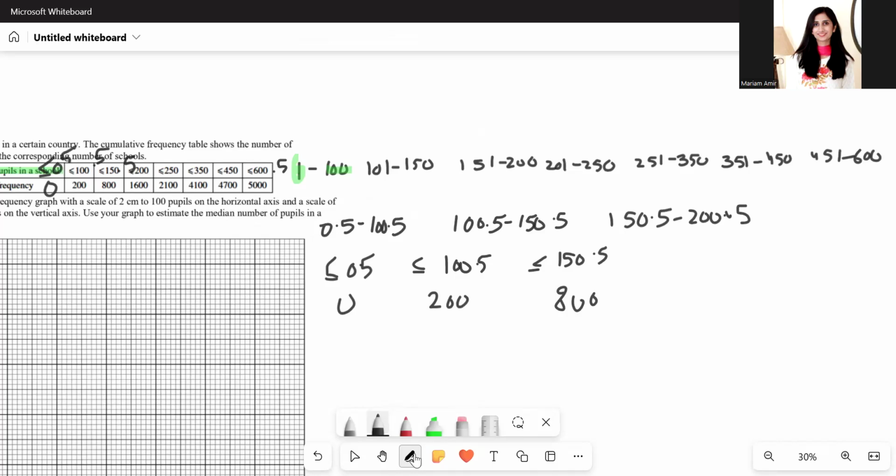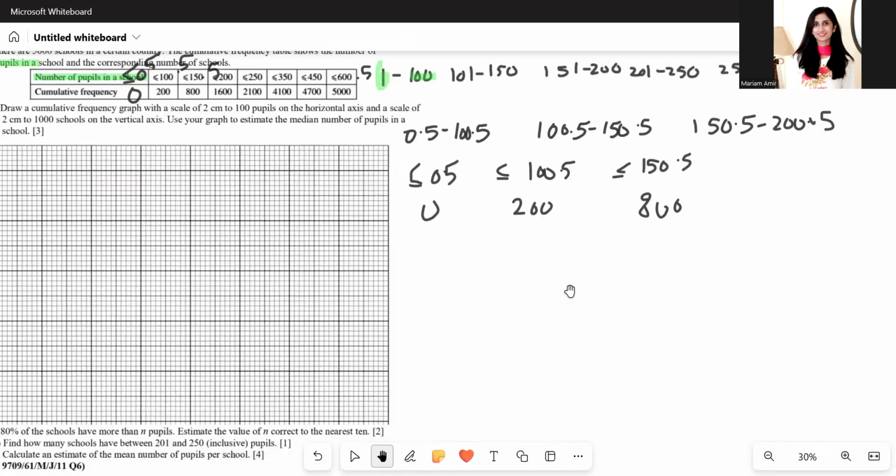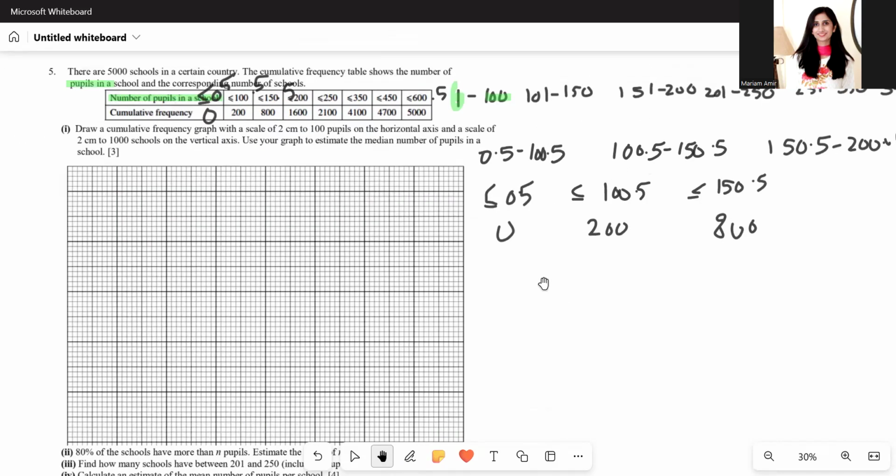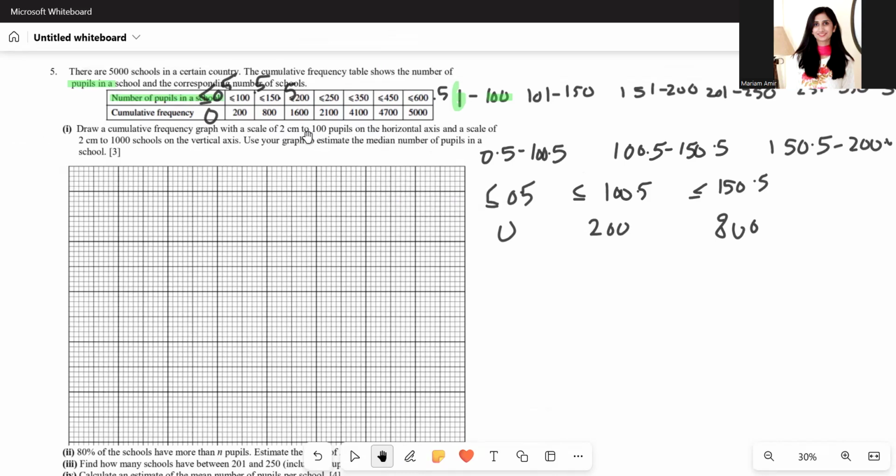Okay, so now we're given the scale. On the x-axis, 2 centimeter is 100 pupil, and on the y-axis, 2 centimeter is 1,000 schools. Okay, let me copy the completed cumulative frequency graph.